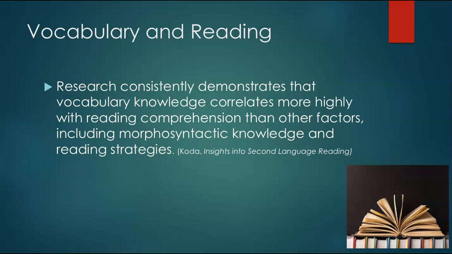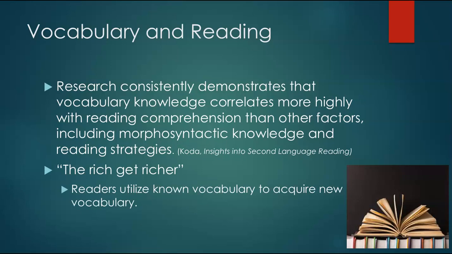So more than the ability to use and understand grammar, and more than using reading comprehension strategies, vocabulary knowledge puts English language learners ahead when it comes to reading. And once you have a good chunk of vocabulary, you can use it to develop more vocabulary. So this idea of the rich get richer. Readers can utilize the vocabulary that they know to acquire more vocabulary.